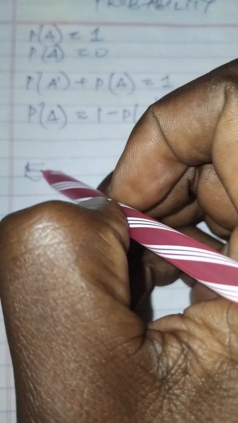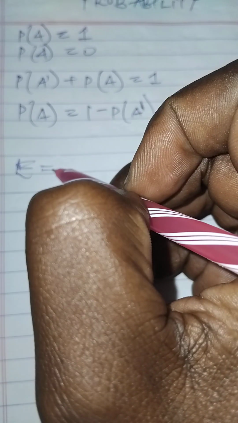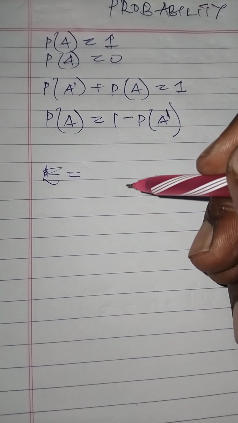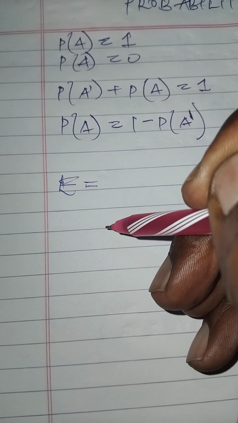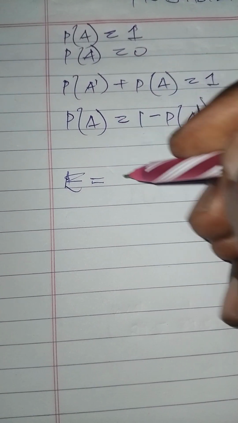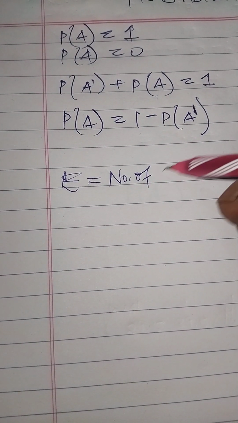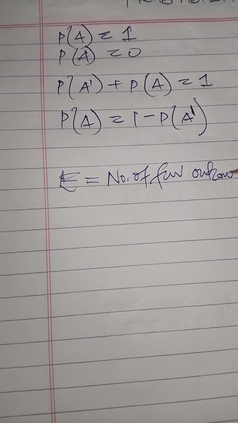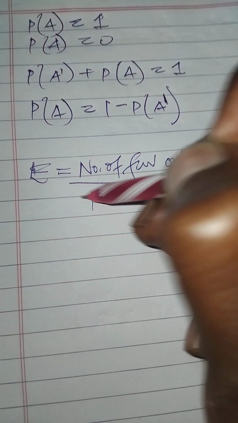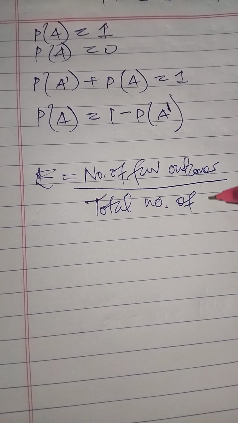So usually we have experimental probability, where we take the number of favorable outcomes, then you divide by the total number of trials.